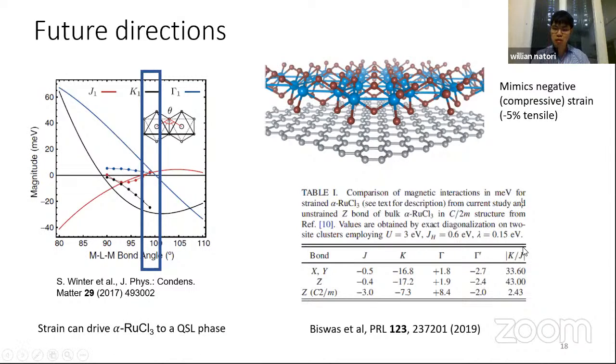And if you see this table that recalculated the minimal model using ab initio methods, they realized that the Kitaev interaction rises while the Heisenberg interaction reduces in this system by just placing it on graphene. So the question is, is it a way of having this Kitaev spin liquid?